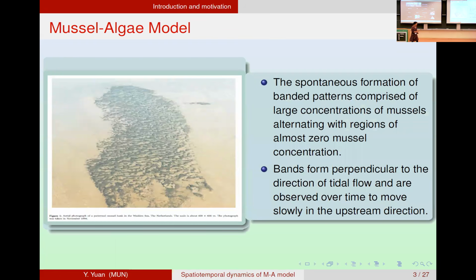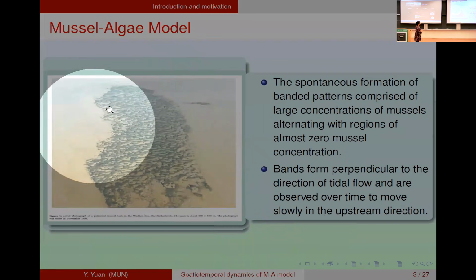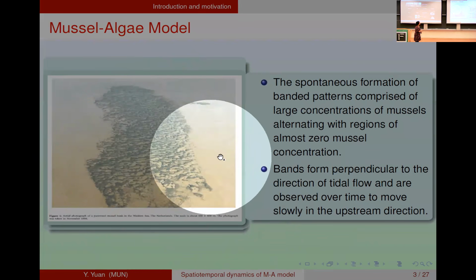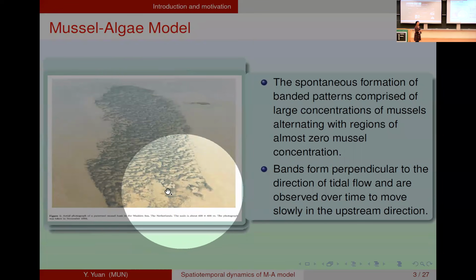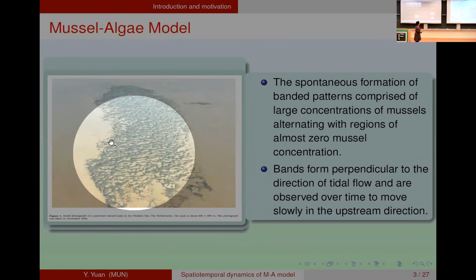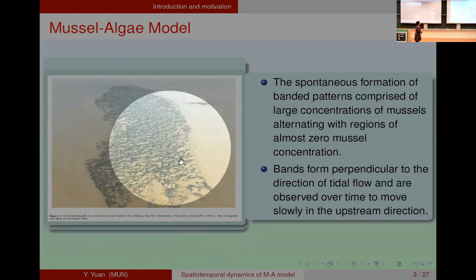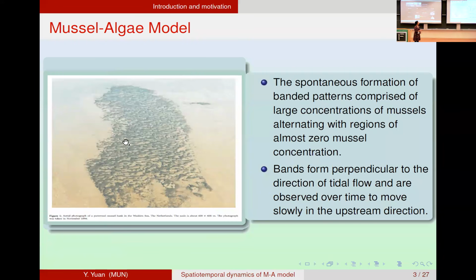So this is an image of the patterned mussel band. It is composed of regions of larger mussel concentration, and the light regions have almost zero mussels. This spatial pattern is interesting and has attracted many scholars.